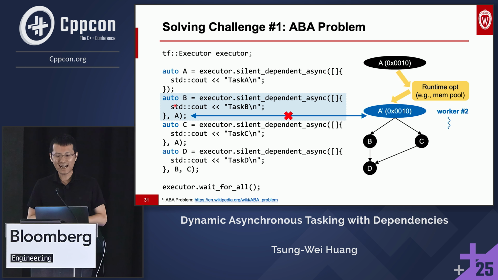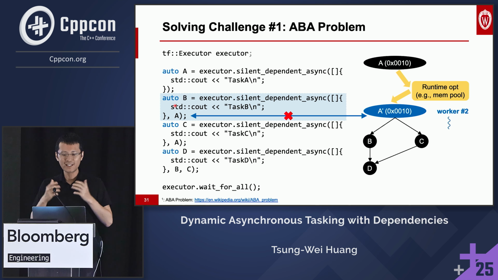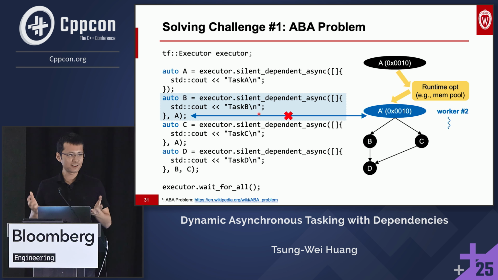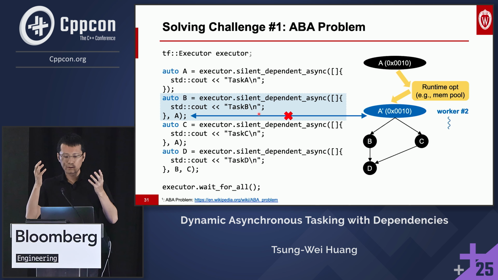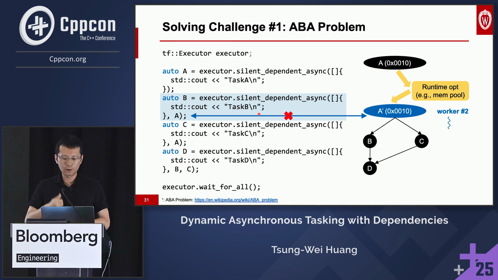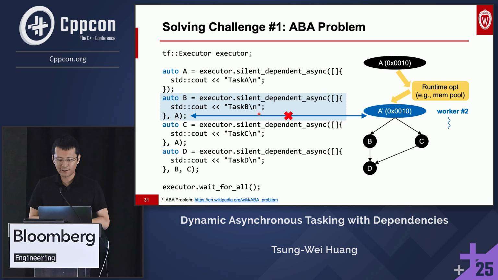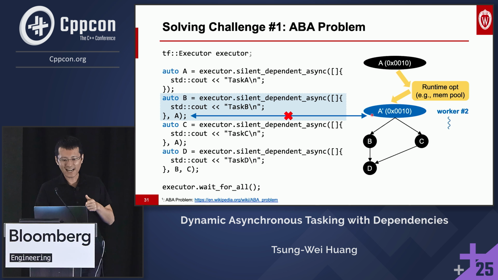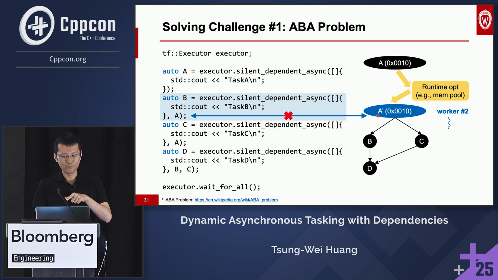Now, if task A finishes really, really quick and its resources are reclaimed by its running worker due to optimization like a memory pool or object recycling, then the task A you refer to may not be the original task A you want to specify the dependency on, even though they have the same memory address. So this is a classical ABA problem.